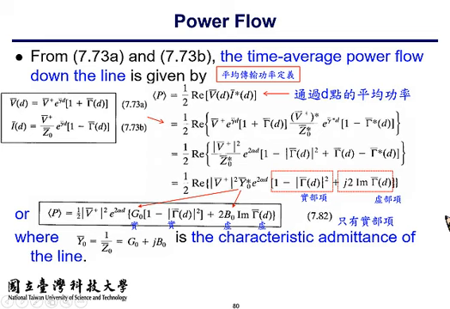Okay, so that's the time average power delivered to the transmission line system at position D. That is the average power passed through position D. It can be expressed as half times the real part of the voltage at position D times the complex conjugate of the current at position D. This equation is valid only for what?